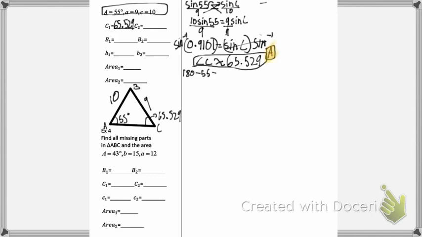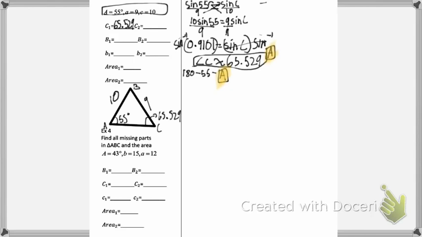And now 180 minus 55 minus A. Because you don't want to type the numbers again and again, and you want an exact answer, so we have to save it. So 180 minus 55 minus A.